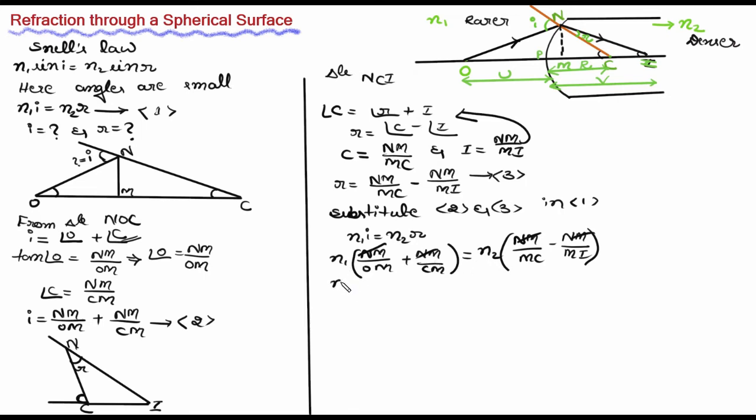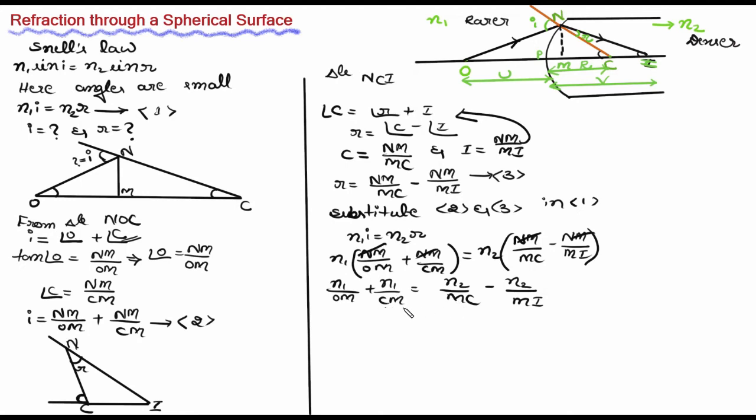You will have N1 by OM plus N1 divided by CM is equal to N2 divided by MC minus N2 divided by MI.